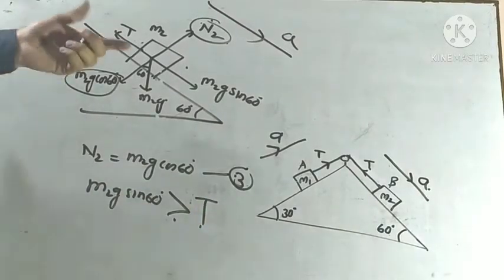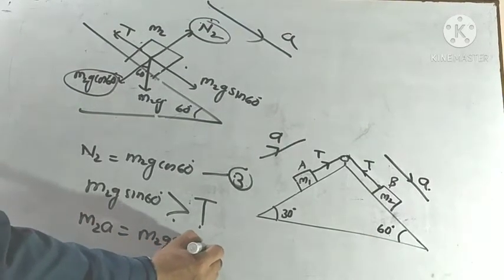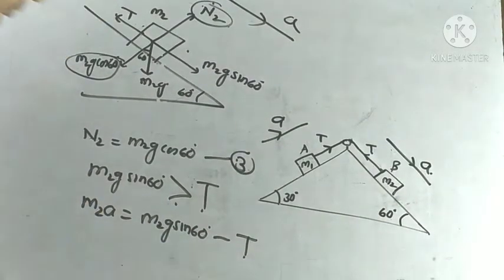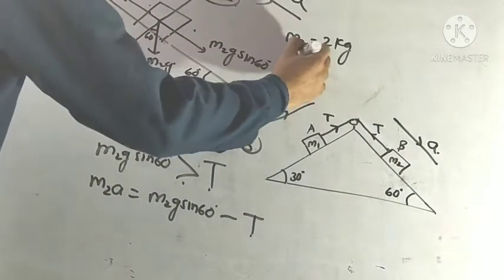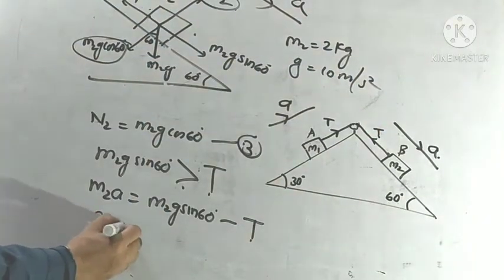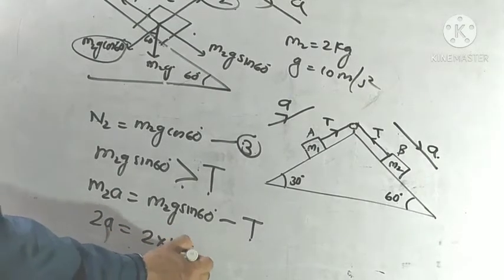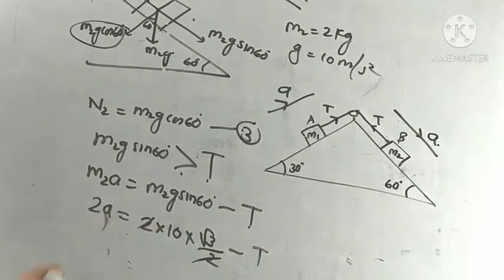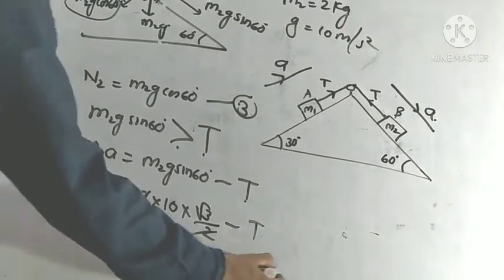So the net force on this body is m2a equal to m2g sin 60 minus T. Now we put the respective values here: m2 is equal to 2 kg and g is equal to 10 meter per second square. So 2a is equal to 2 times 10 times sin 60, root 3 upon 2, minus T. The 2 and 2 will cancel, giving 10 root 3 minus T. We give it equation number 4.